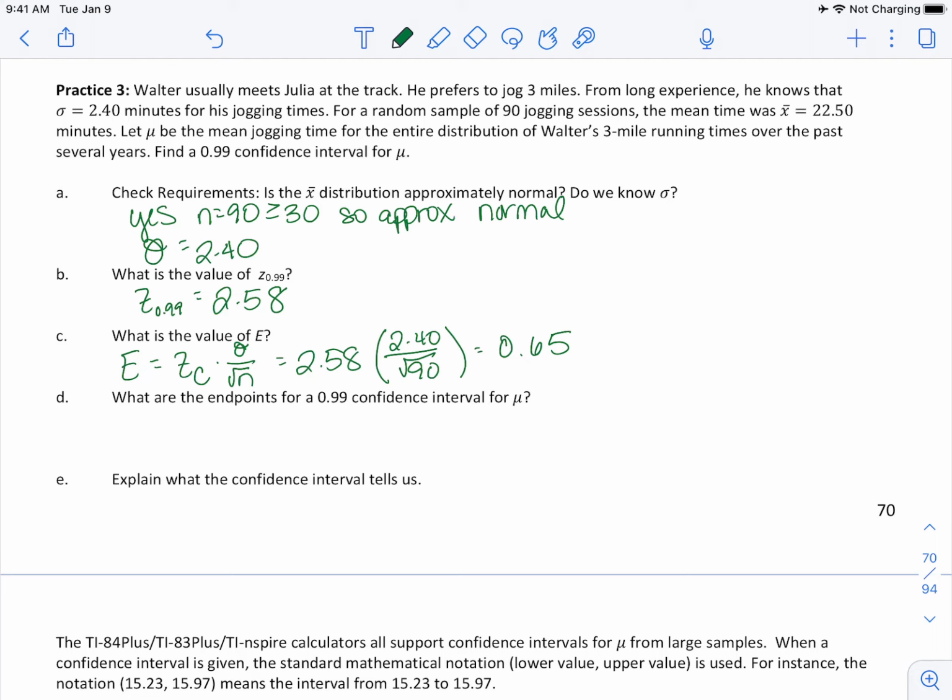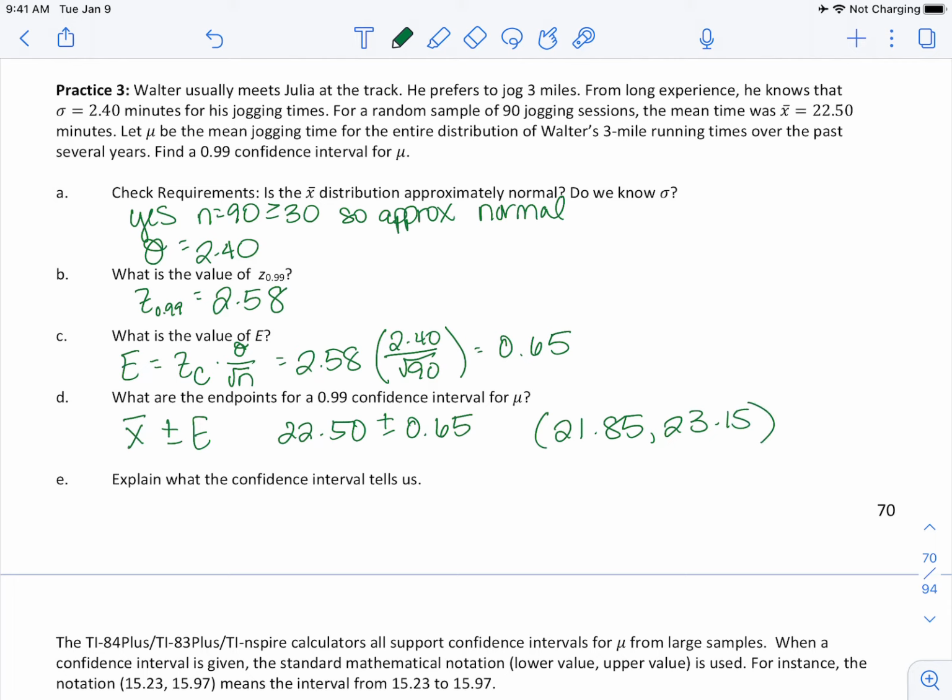What are the endpoints for a 99% confidence interval for mu? So our endpoints are x bar plus or minus the margin of error. Please find this. Okay, so we have 22.50 plus or minus 0.65, which will give us 21.85 to 23.15.